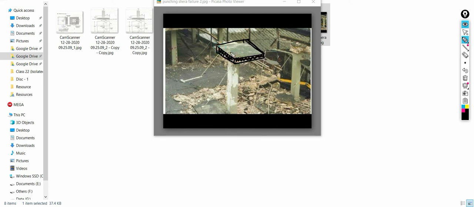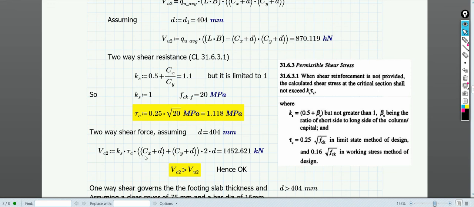So you have to find out the area of these faces. How can you find it out? You find out the perimeter into depth, you can find out the area, right? It's very simple. So we'll first find out the perimeter. Perimeter is (cx plus d plus cy plus d) into 2, into depth.